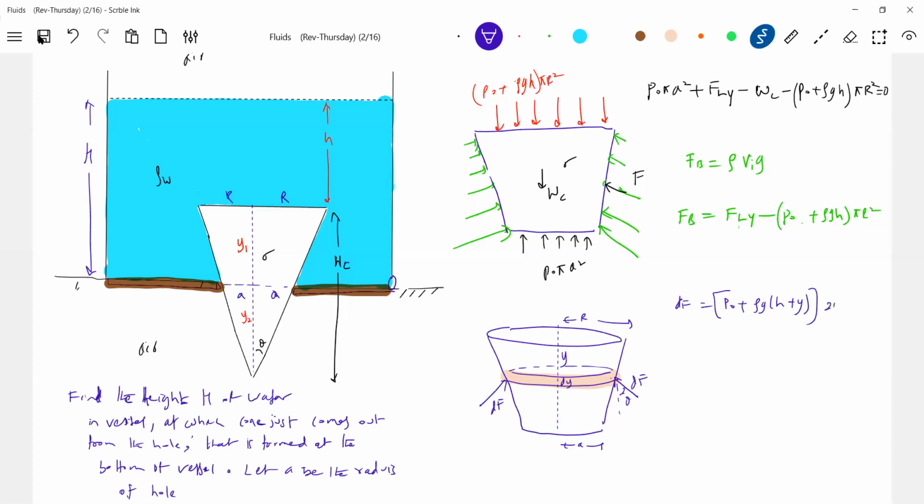Area of this will be 2 pi r into this length, dl. Then get the relation between dl and dy using theta. Then its vertical component, then you have to integrate. h will be a constant. Then r and y have to be eliminated again. So r is the radius at this part. A lot of geometry-based, mathematical work is there, so just have an idea at least.